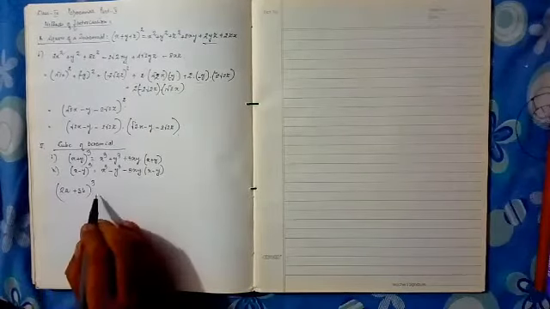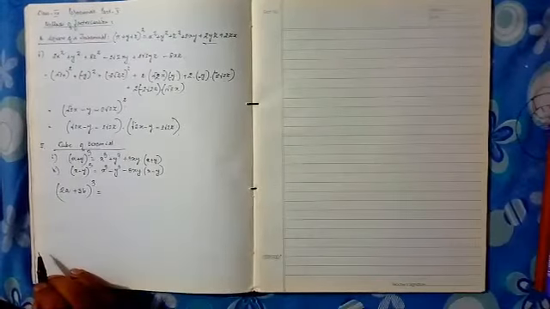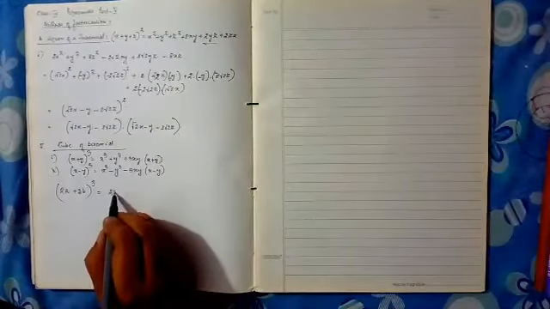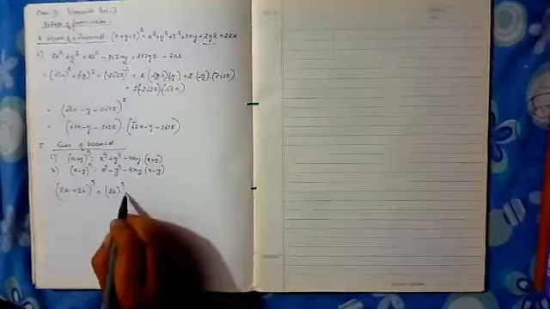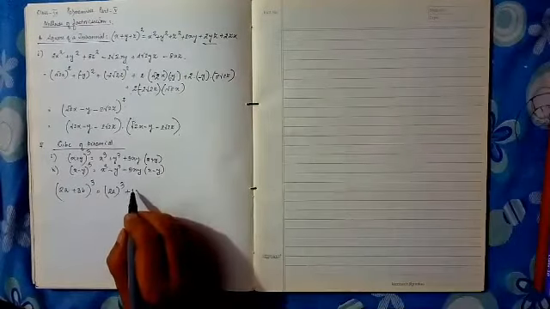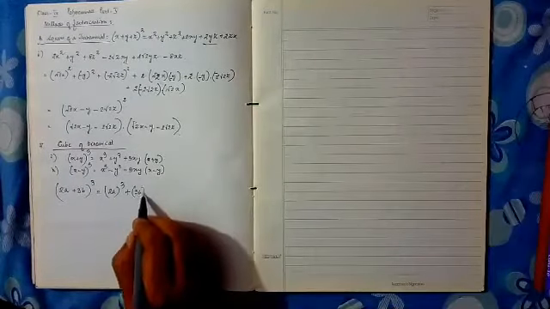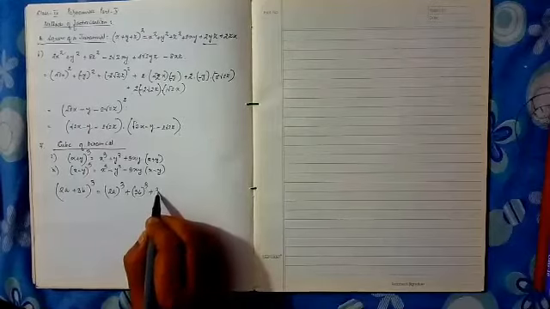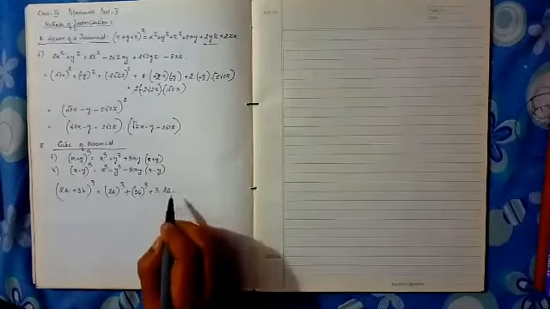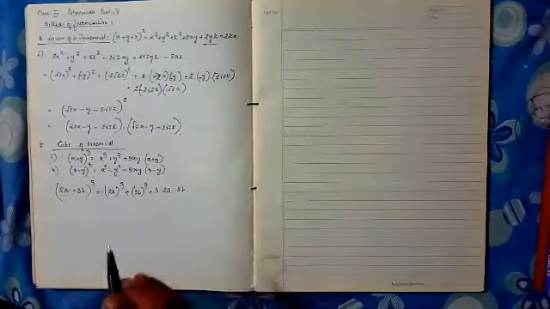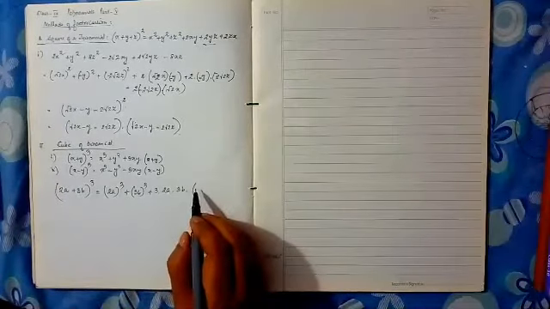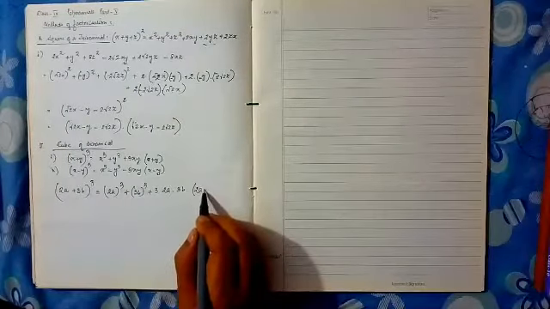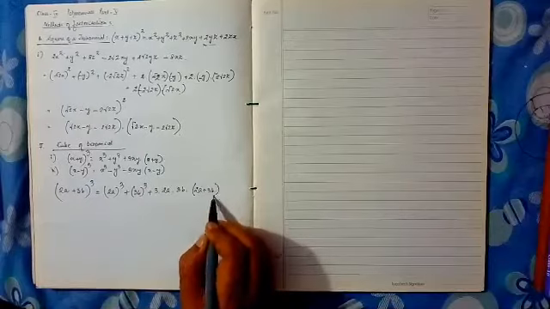Suppose we are given this one, so this is equal to a cube plus b cube plus 3 into a into b into (a + b), that is 2a plus 3b.